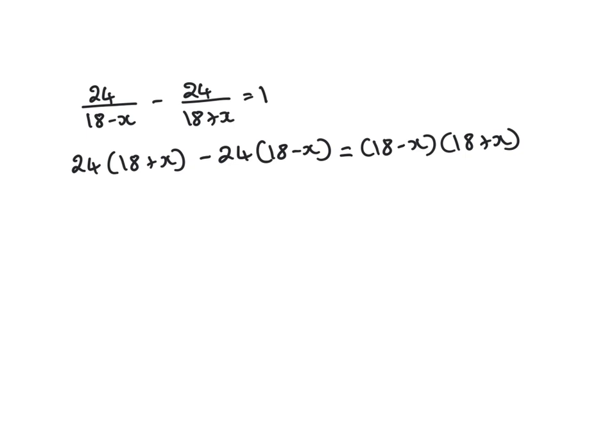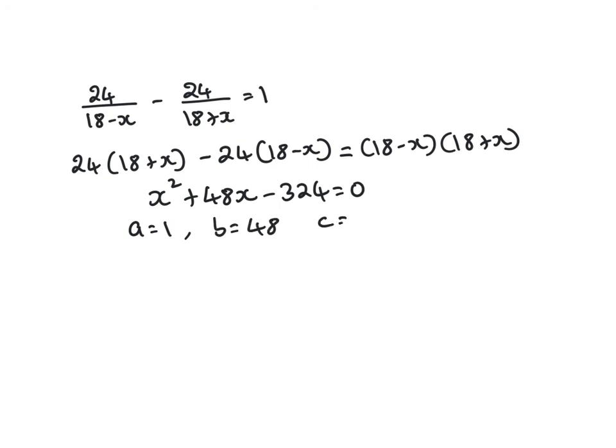And we have done all these types of problems in the lower grades. If you open the brackets, multiply, subtract the like terms, and move everything to one side of the equal sign, you land up with the equation x squared plus 48x minus 324 equal to 0. And now you can easily find that a is 1, b is 48, and c is negative 324.